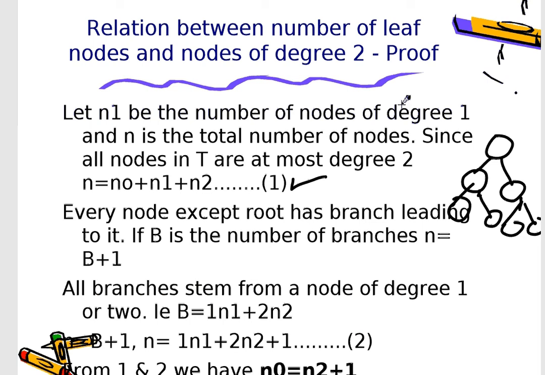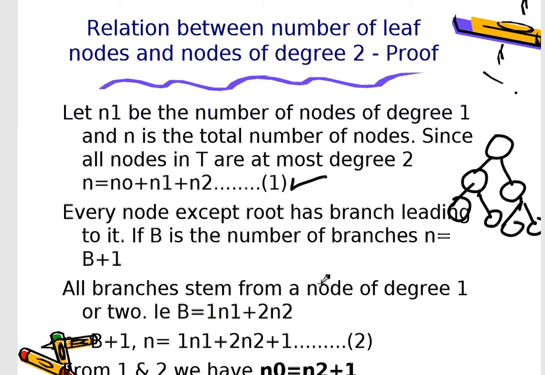Now all the branches stem from a node of degree 1 or 2. That is also correct. Each branch will be generated from a degree 2 node or a degree 1 node.